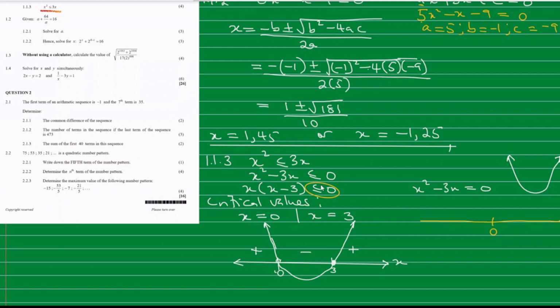So the statement less than or equal to 0, in simple terms, means that we want the region that is negative. The numbers less than 0 are all in the negative region.